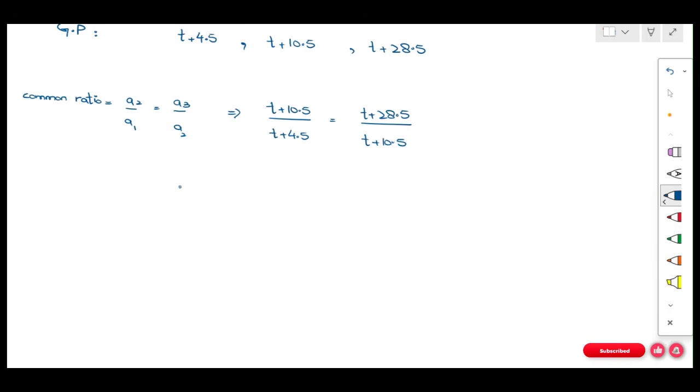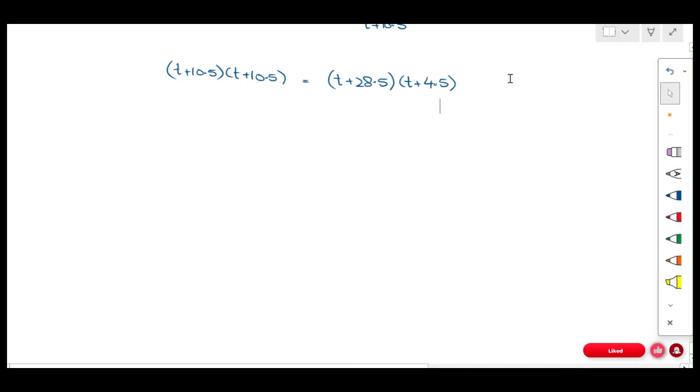Cross multiply: t plus 10.5 multiplying with t plus 10.5, and t plus 28.5 multiplying by t plus 4.5.